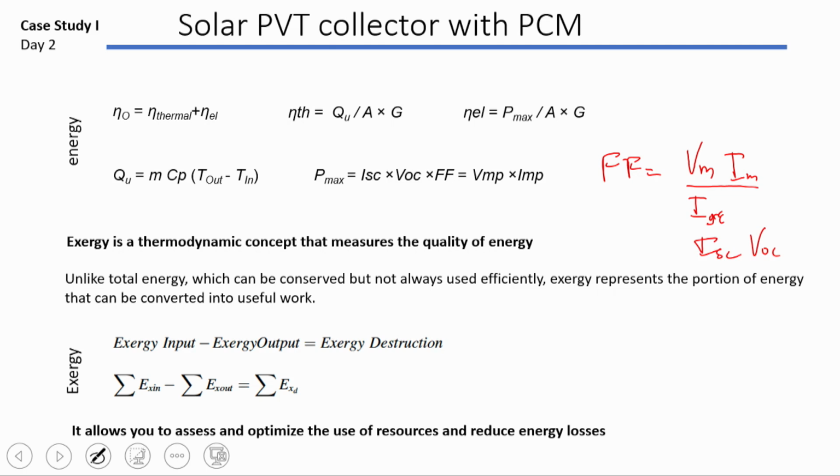So the maximum power generated is maximum voltage multiplied by maximum intensity.